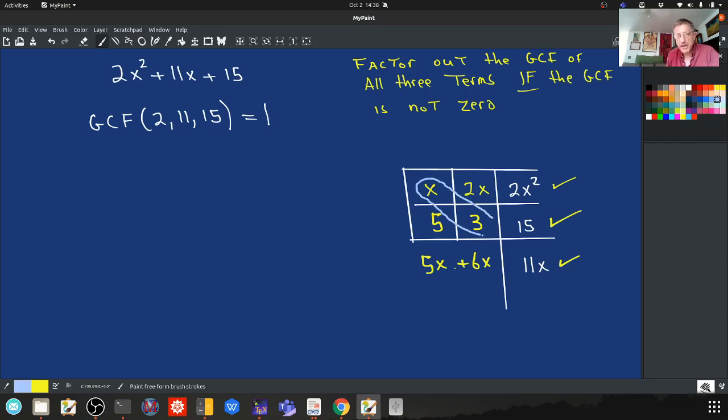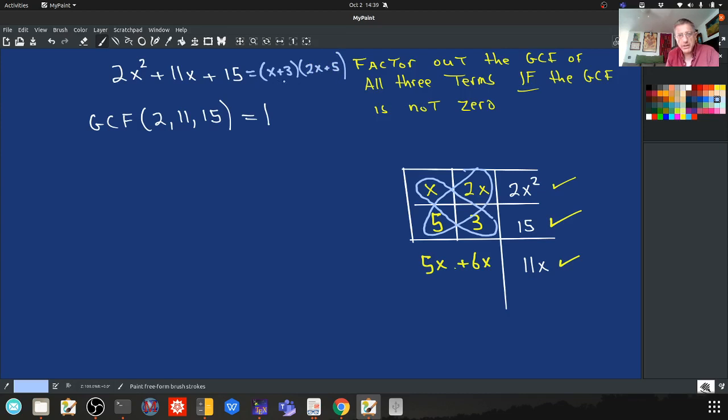So I grab the factorization. And the factorization is still going to be the product of two linear polynomials, x plus 3 times 2x plus 5.